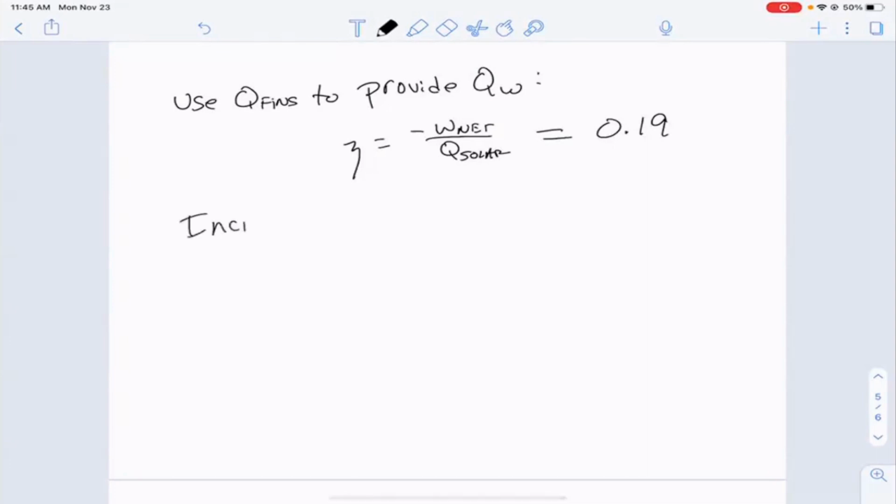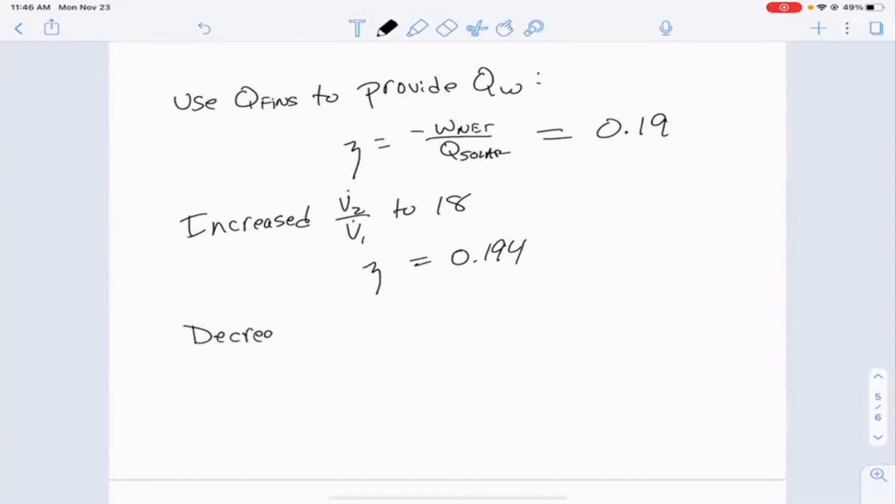So if we also increased the compression ratio to 18, independently, right? The only thing it does, the efficiency is 0.194, right? So we also increase the efficiency.